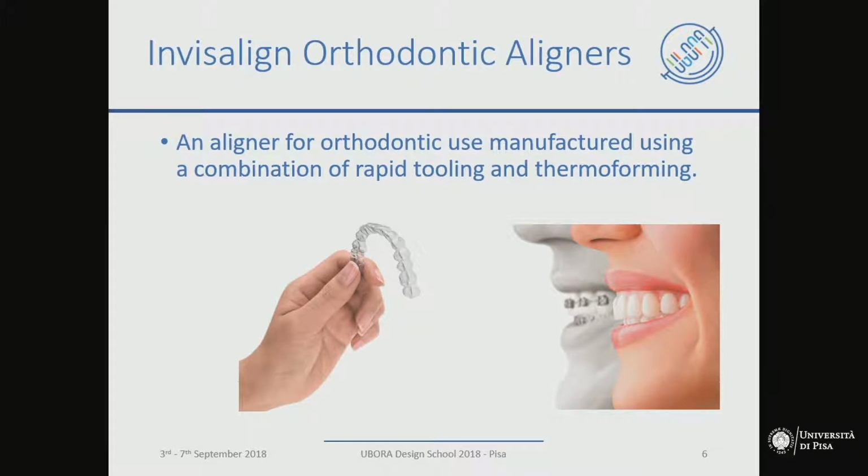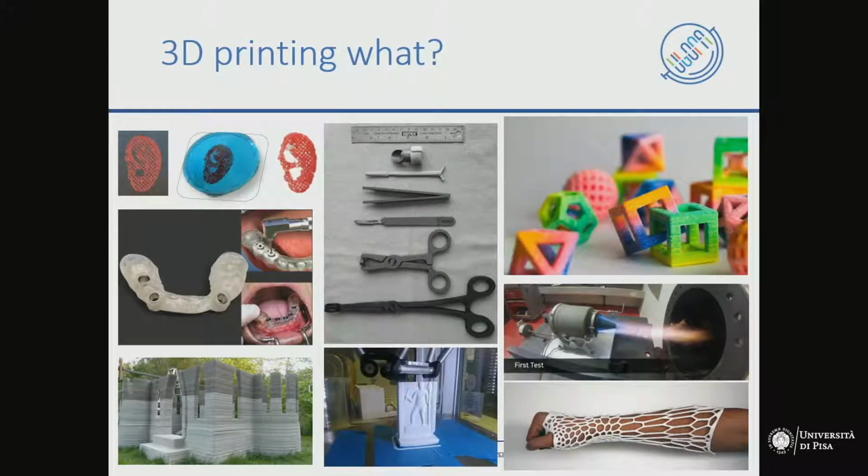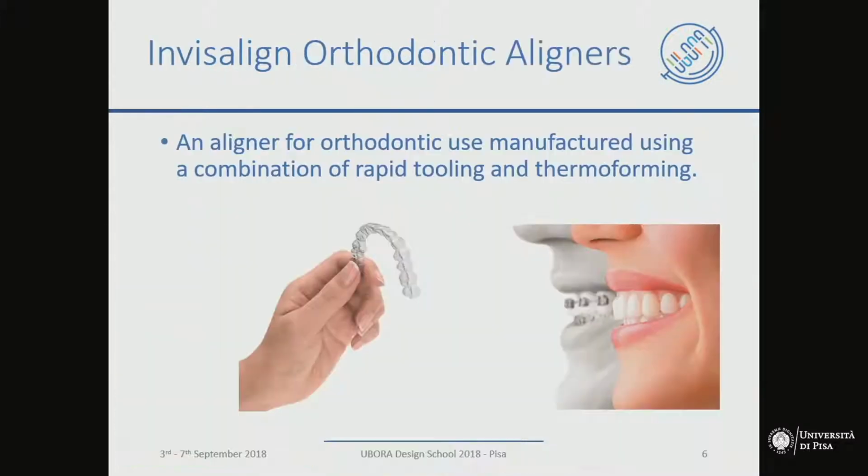You're able to print from an engine to a cast to an organ. But sometimes you can recognize that there is a faster way to obtain that specific object. So 3D printing is not the solution to all the problems that you can face during your career.